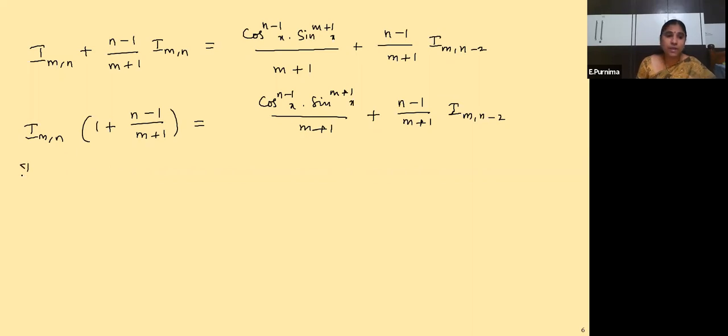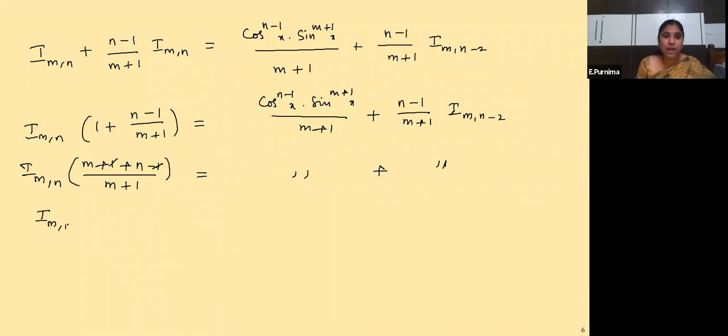So if you take LCM here, I_{m,n} into LCM, I'm taking children, m plus 1 will be the LCM. So (m+1) plus (n-1) will be in the numerator, is equal to the same term as it is I'm writing here. Now here plus 1 minus 1 is cancelled. So what will be left here?